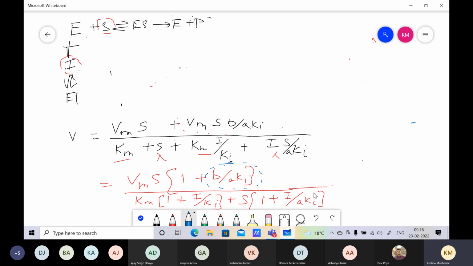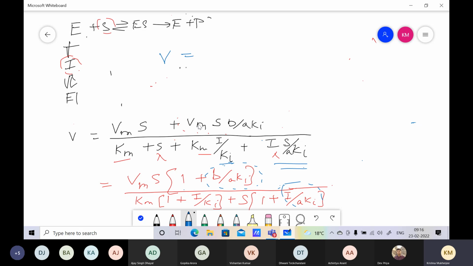And there is no I by Ki. This stuff is gone. That's okay. This part is gone. So how does this solve here? This solves here as V is equal to, notice, it stops here.